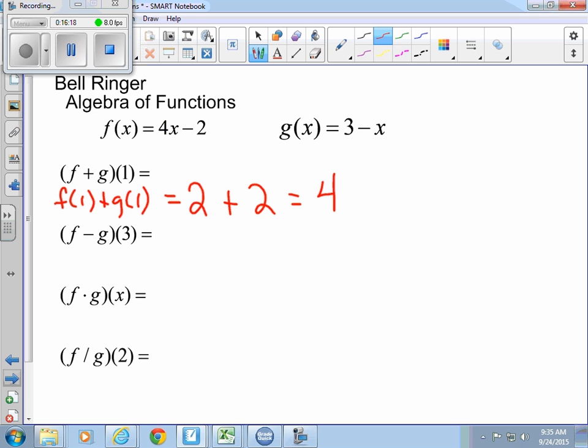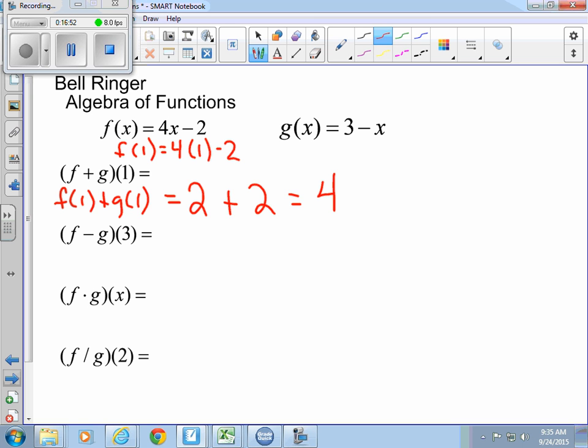Now, could I have found f of x plus g of x and then plugged it in? I could, but it would take me longer. So to find f of 1, I did 4 times 1 minus 2. And then to find g of 1, I did 3 minus 1.